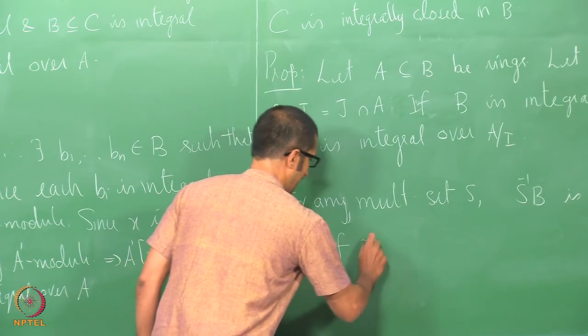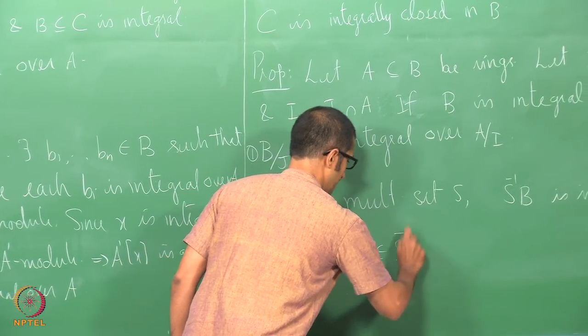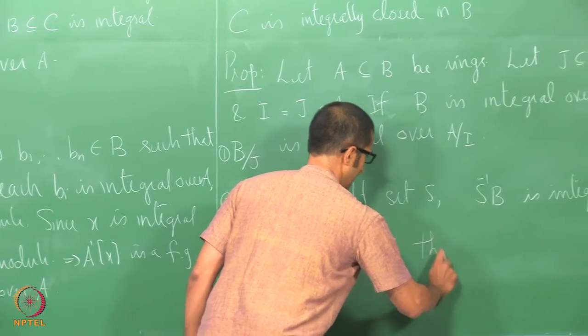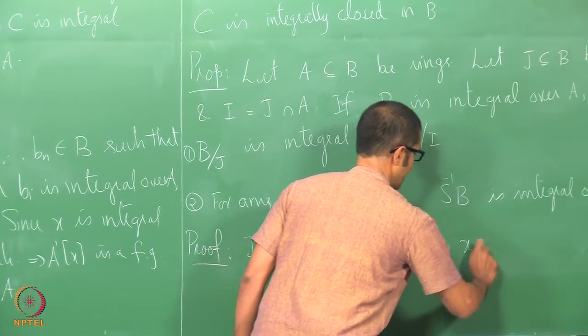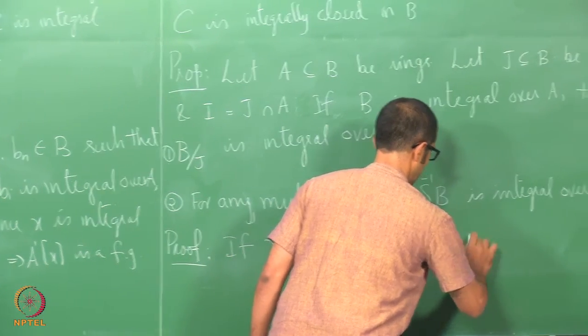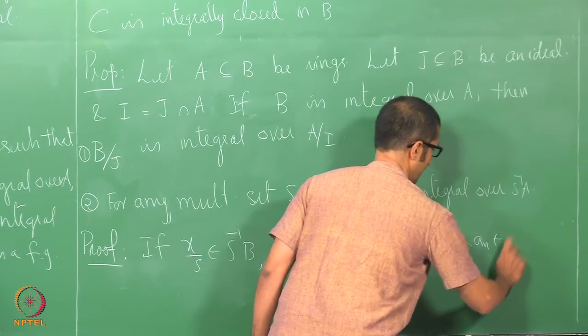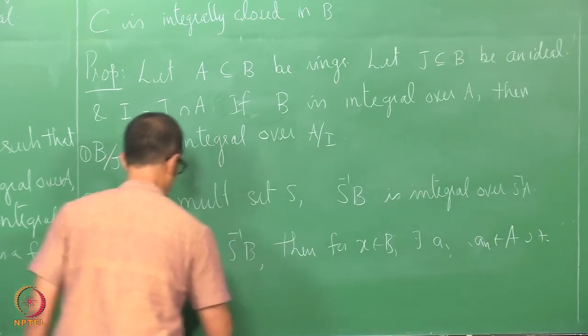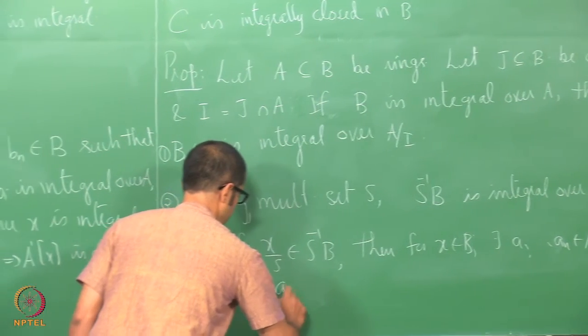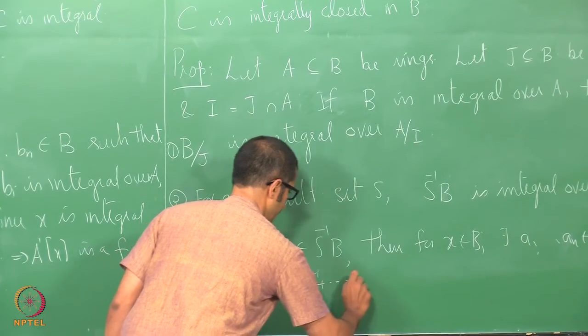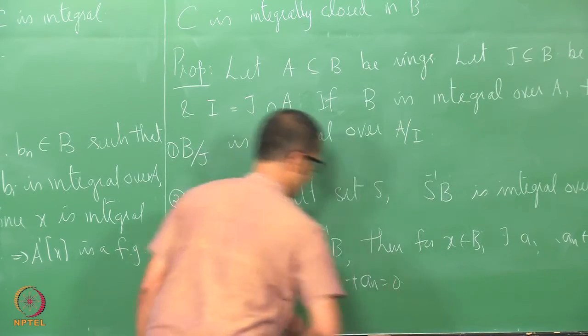If x by s belongs to S inverse B, then for x in B and s in S, there exist a1 up to an in A such that x power n plus a1 x power n minus 1 plus etcetera an is 0.